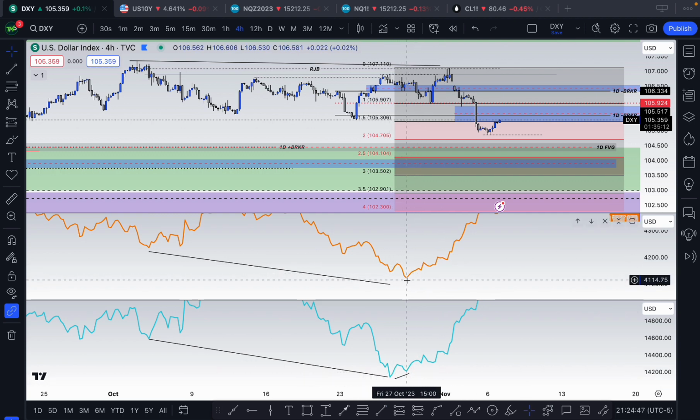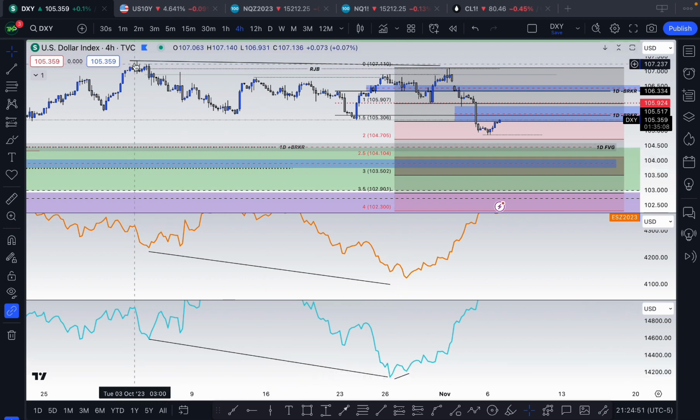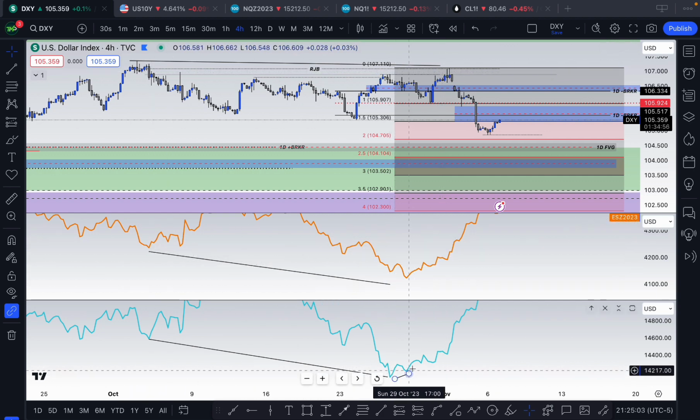Because this low, it kept making a lower low. NQ then failed while dollar failed to make a higher high. So that means there's distribution, bearishness, selling in dollar, while we're seeing some accumulation, right? And NQ is the one who tipped it off.